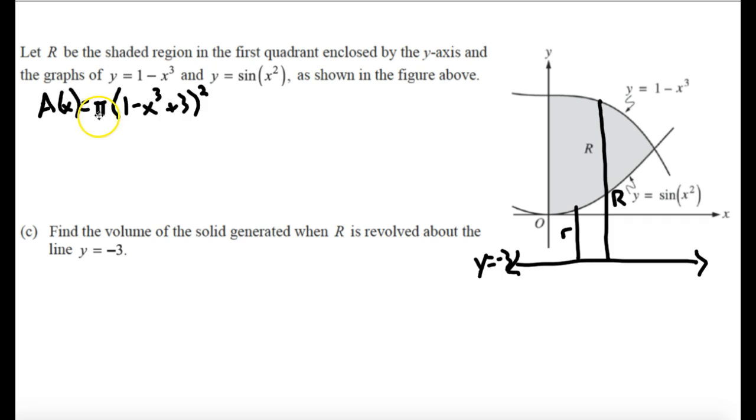So pi times big R squared minus pi times little r. So little r is sine of x squared minus negative 3. Sine of x squared minus negative 3 squared. So to get the volume, I would just integrate this function. I can pull my pi out.